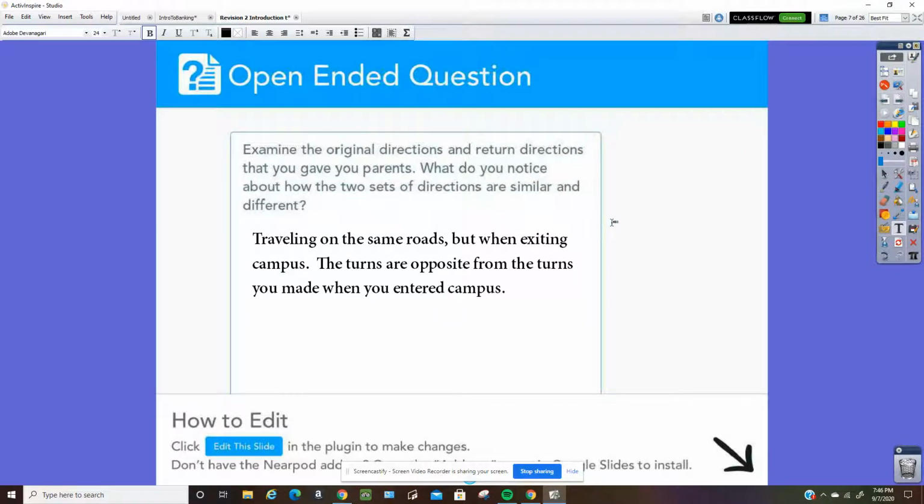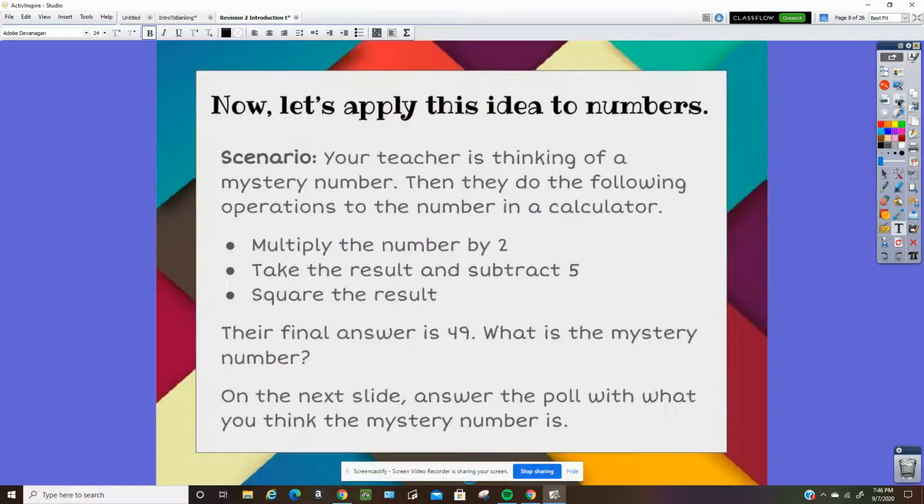Okay, so most of you had a similar answer to that in class, so I think most of you got that. All right, so now let's apply this scenario to a number problem. So your teacher is thinking of a mystery number, then they do the following operations to the number in the calculator. They multiply the number by 2, take the result and subtract 5, and then square the result.